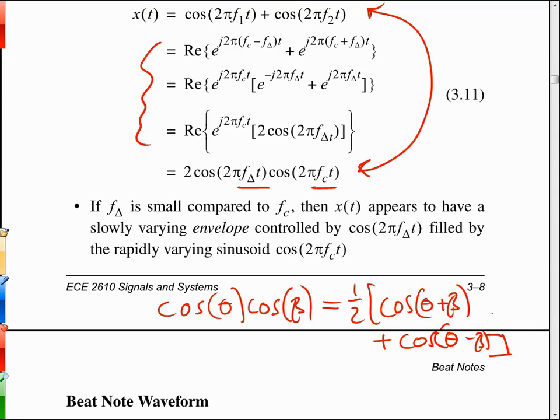Basically the sum and the difference, right? Cosine of theta, cosine beta breaks out into the sum of two cosines, the sum and the difference of the angles.